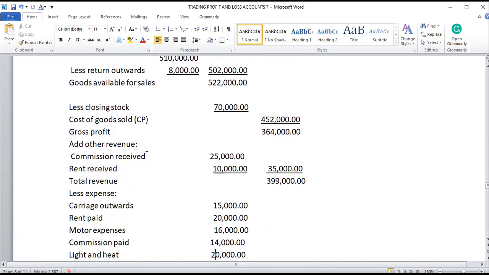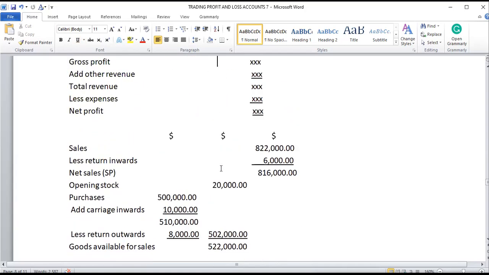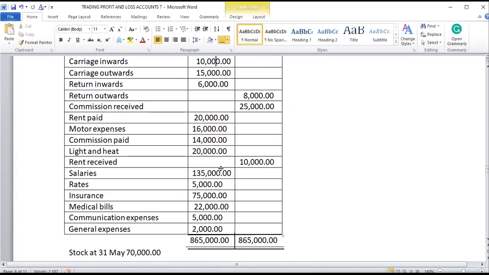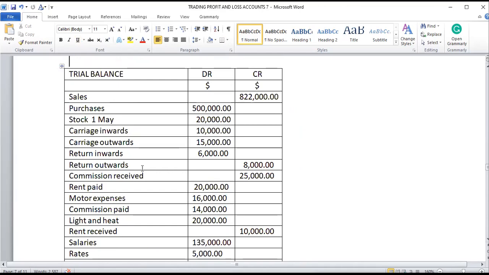Then we take our other revenue. We have commission received, $25,000. Rent received, $10,000. So when you go to the trial balance, we have commission received, $25,000, and rent received, $10,000.